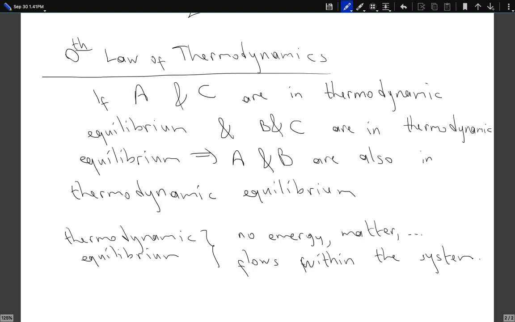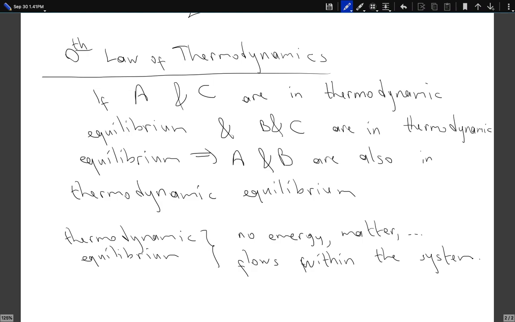For example, running water is not in thermodynamic equilibrium. There is a flow of water. If the water is running such that all its parts are moving at the same velocity, when you go to the center of mass, you can say that it's still in thermodynamic equilibrium.